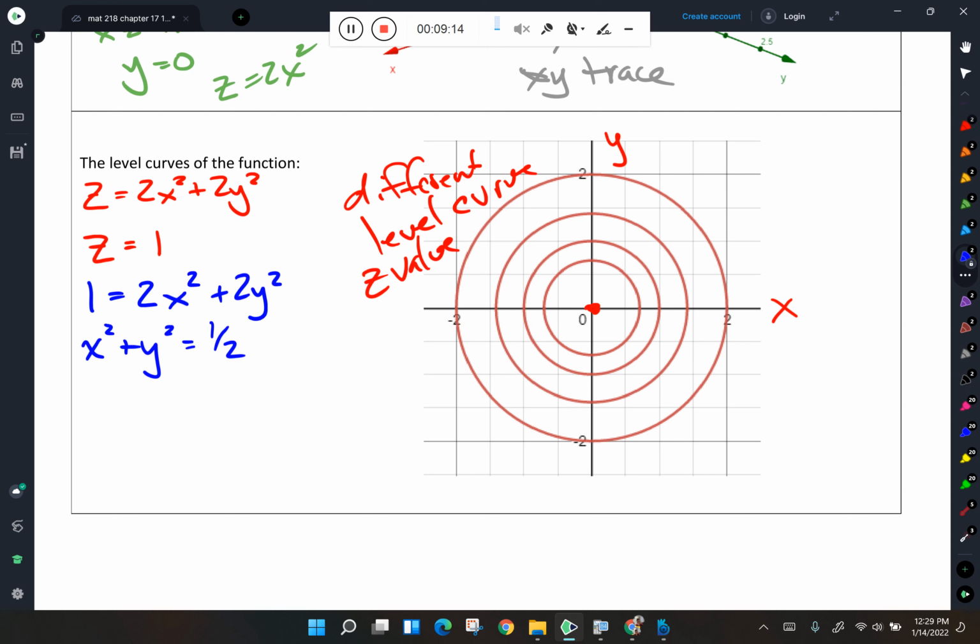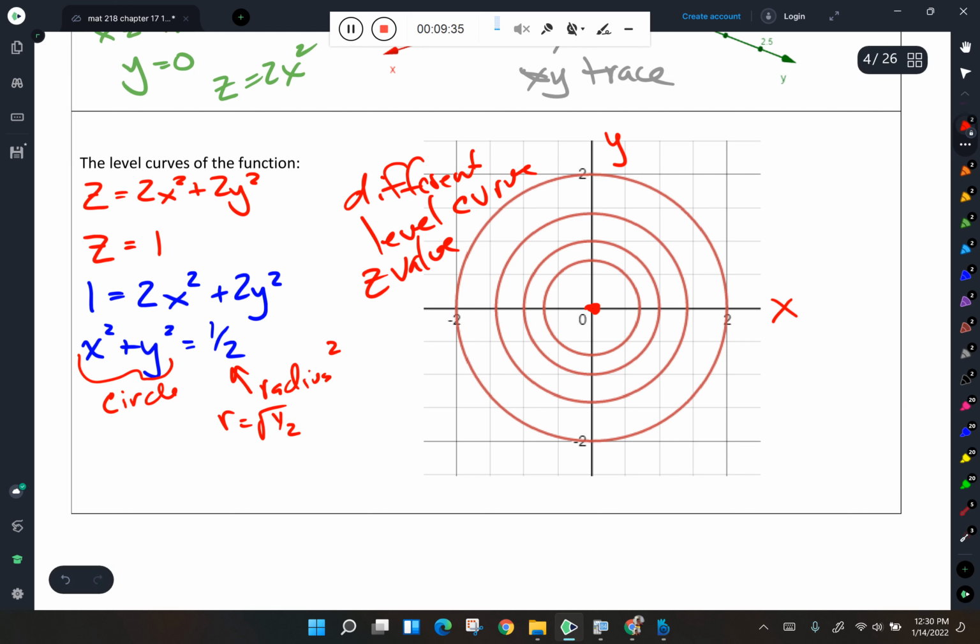Now, if you think back to your college algebra, that means that we're looking at a circle, and that's the radius squared. So then the radius would be the square root of 1/2. And so for every different value of z, I'm going to get a different circle because the z here is just going to make bigger and bigger circles.